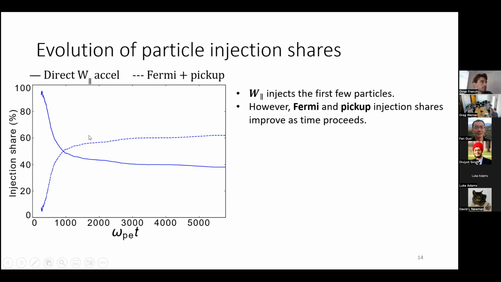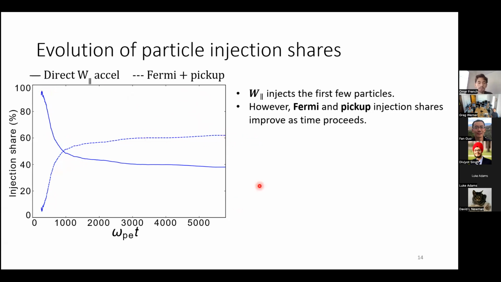I just said we lost Omar's cursor for a moment while he was explaining. Okay, so what we begin with is this W parallel injection, which starts out high. However, as time proceeds, the other two injection mechanisms begin to dominate overall injection. For this case, it reaches 60%.